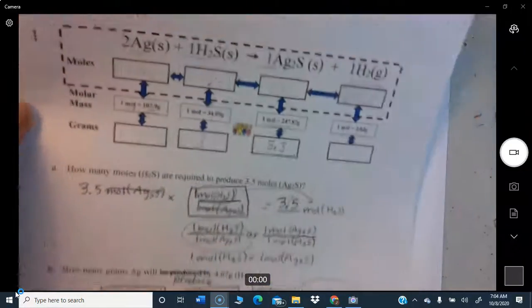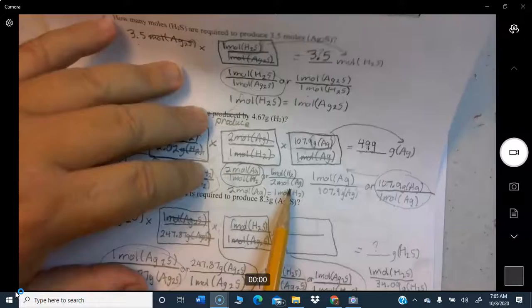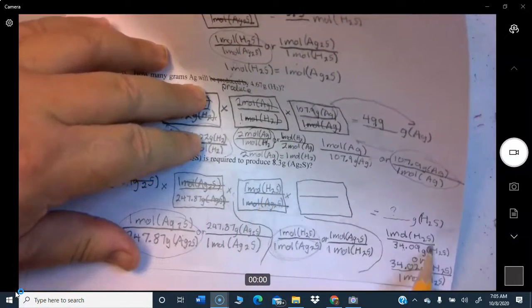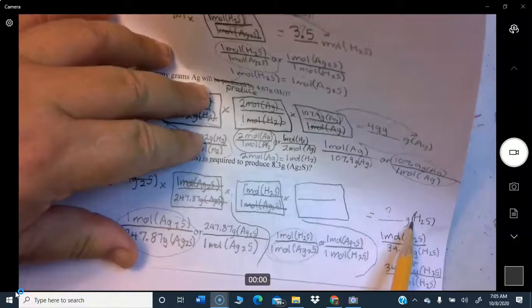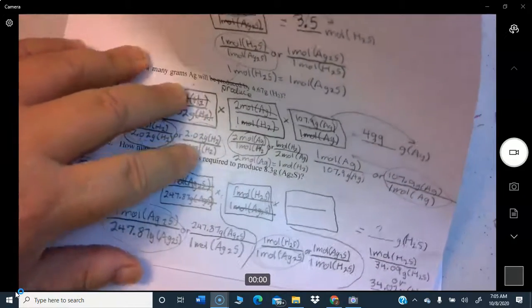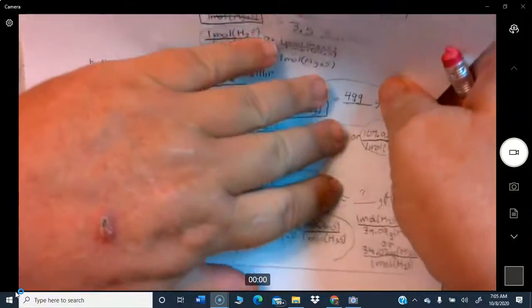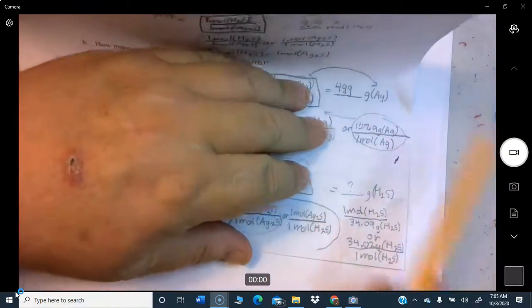Come out again. So which one do I need? I need moles of H2S to cancel and grams of H2S to appear in the final answer. So that means I'm going to pick the second one right here. Let me get this on screen. That's the one I need, okay, with moles on the bottom.